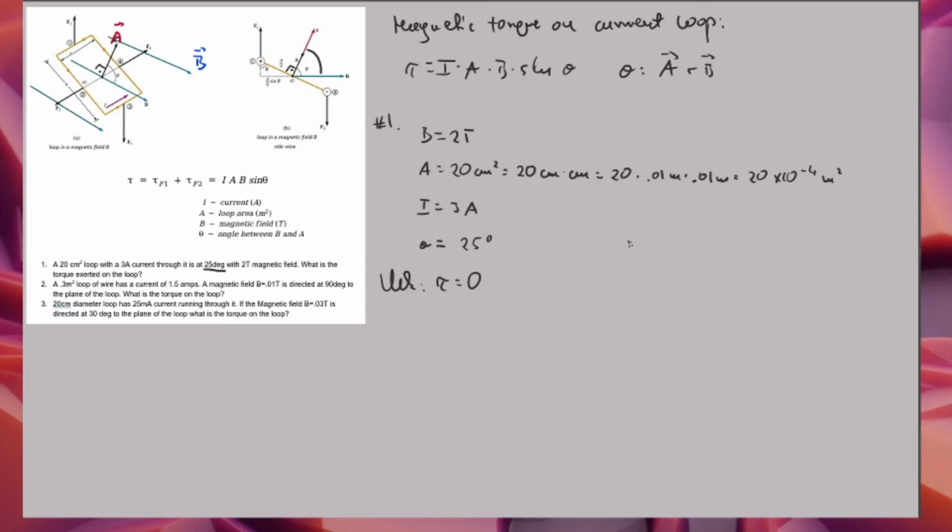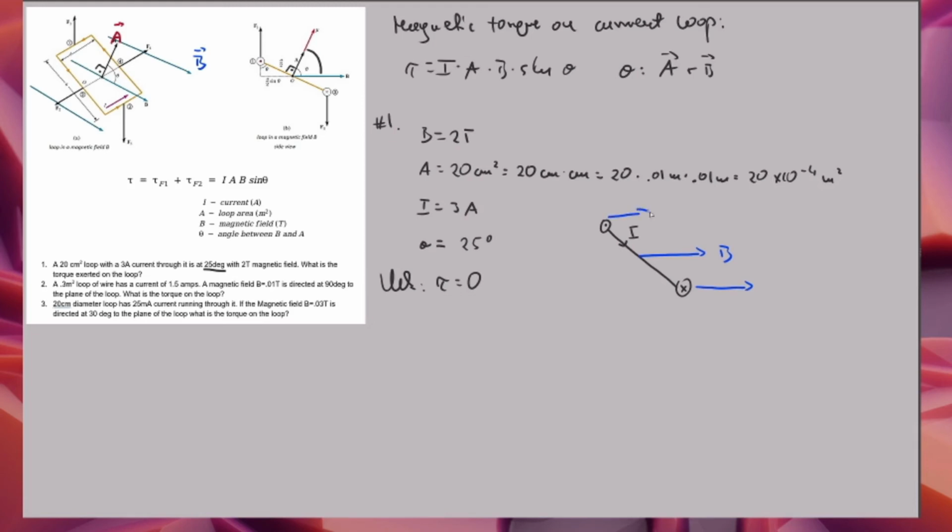I guess I do want to draw a picture. So what I have is the current I that flows like this. The current flows out of the page, flows into the page, and then I have a magnetic field, and the magnetic field points like this. B. Maybe I'll put another one here.